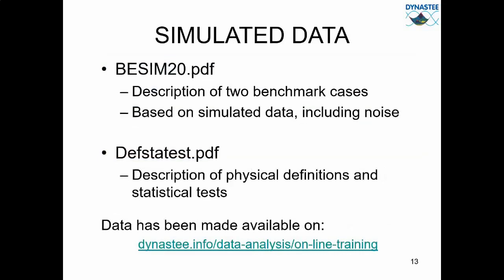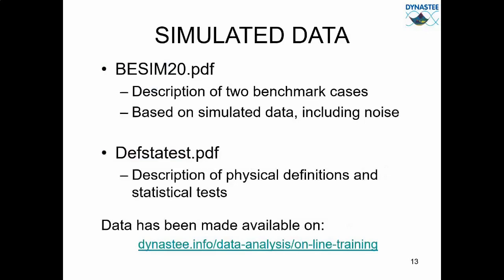Here is a little bit more detailed description of it. The simulated data, there were 2 benchmark cases, 2 different ones. They are giving you the correct creation data, so you can test your own skills to find that original design data.